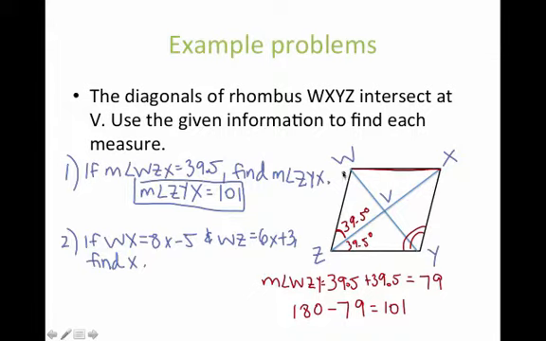WZ is right here, and in a rhombus all the sides are congruent. So that means I can set 8x minus 5 equal to 6x plus 3 and solve for x. Subtract 6x, I get 2x, add 5, I get 8, and I get x equals 4. So the answer to my question is x equals 4.